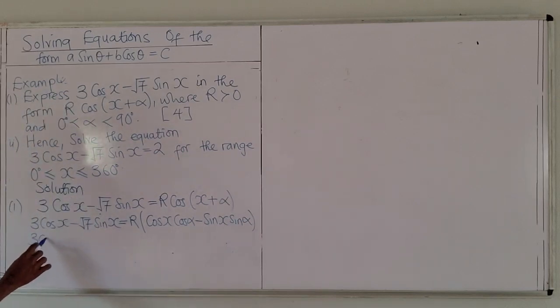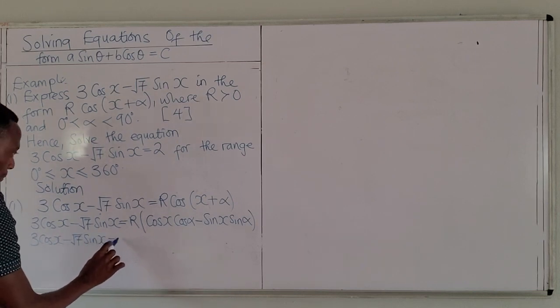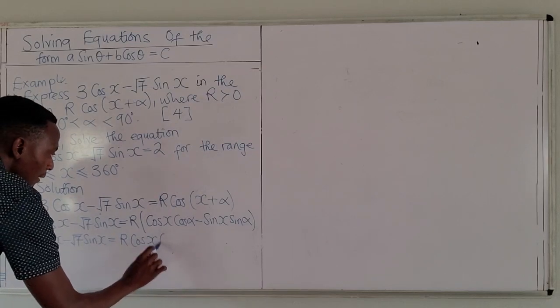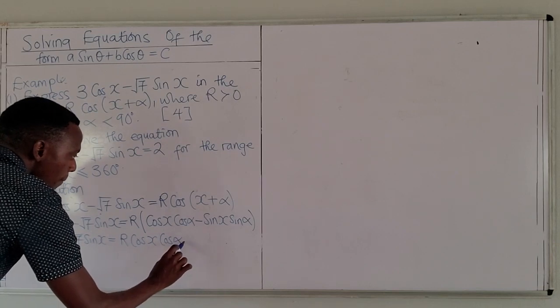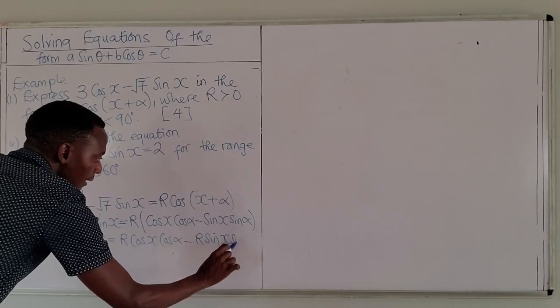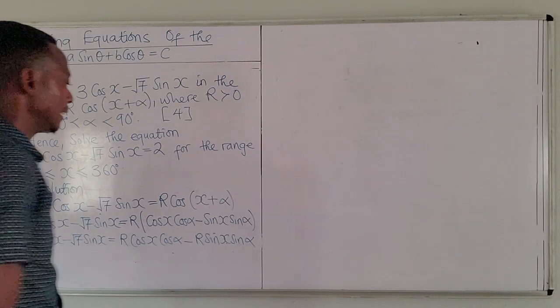Maintaining the left-hand side, we have 3 cos x minus square root of 17 sin x equal to r cos x cos alpha minus r sin x sin alpha. Having done this, the next thing we do is equate the terms which have cos x and the terms which have sin x.